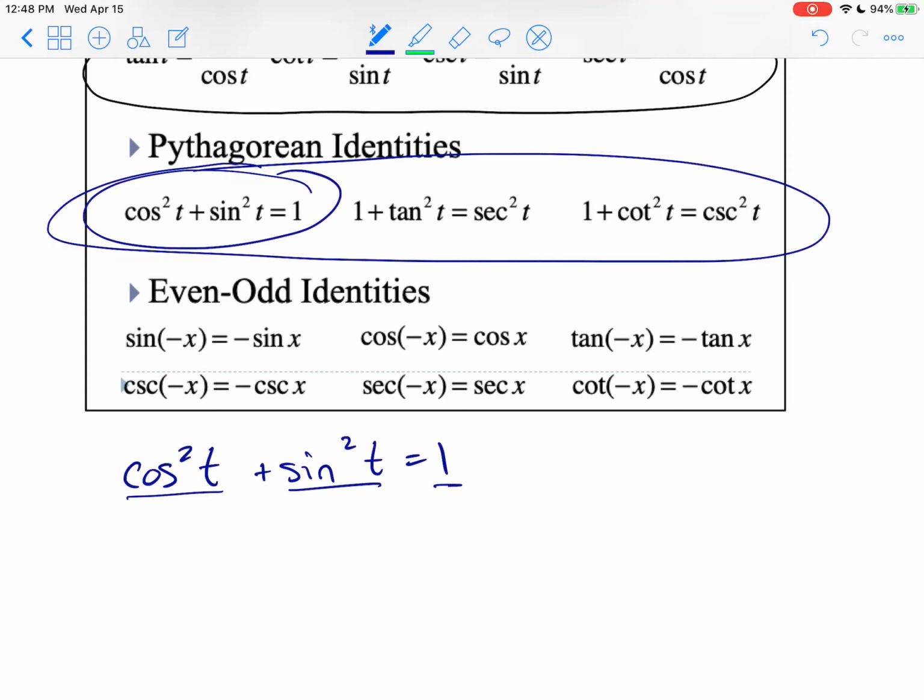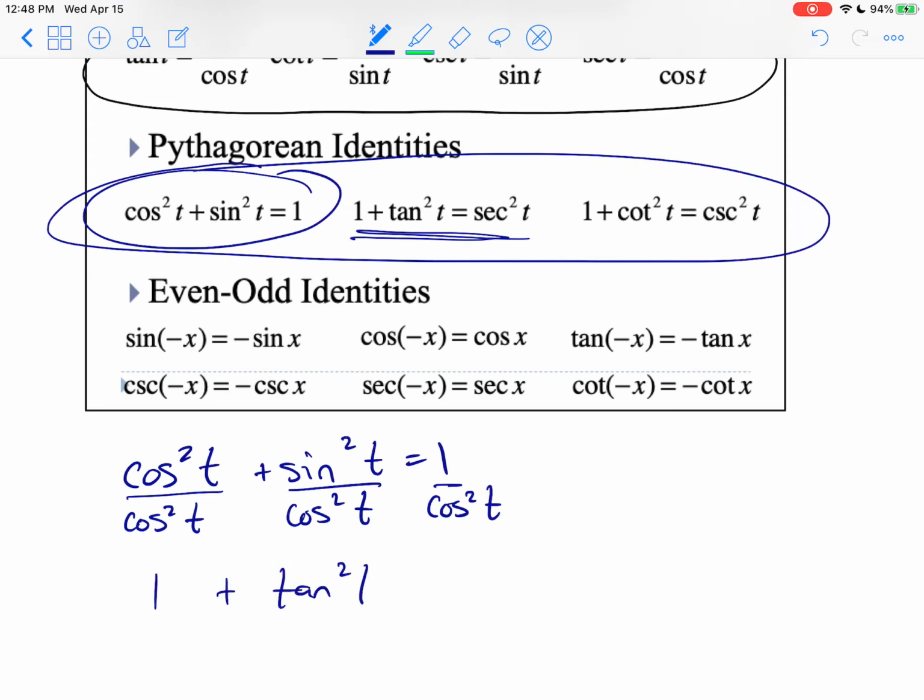And if I know this, and let's say I wanted to get this second trig identity, I would just divide everything by cosine squared, because that would give us 1 as the first term, tangent squared as the second, and then over here, 1 divided by cosine squared is secant squared.